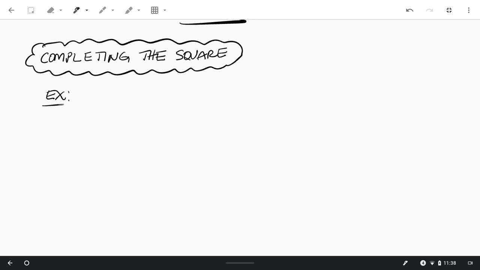Let's suppose we're trying to solve this problem over here: 2x squared plus 8x plus 1 equals 0. If you try to factor this, it's not going to factor out.